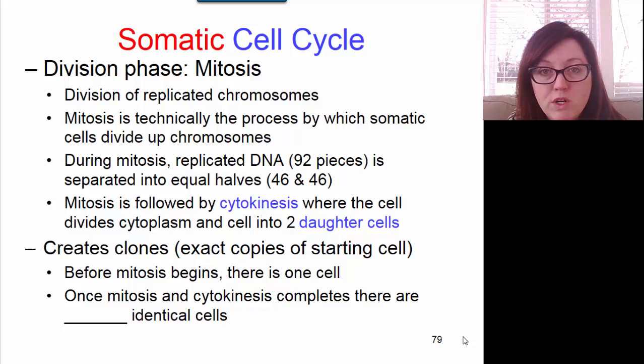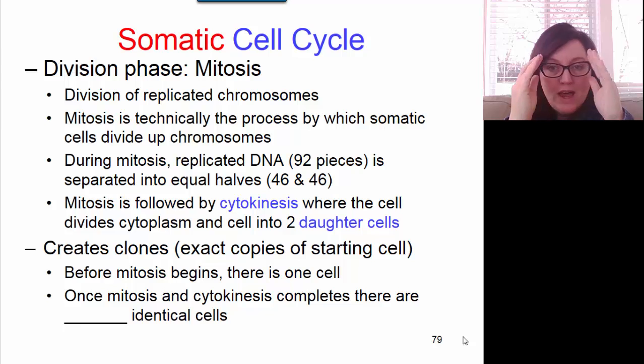During mitosis, what we're going to do is divvy up those replicated chromosomes. Mitosis is technically the process by which somatic cells divide up chromosomes. During mitosis, those 92 pieces of DNA are separated into 46 equal halves.